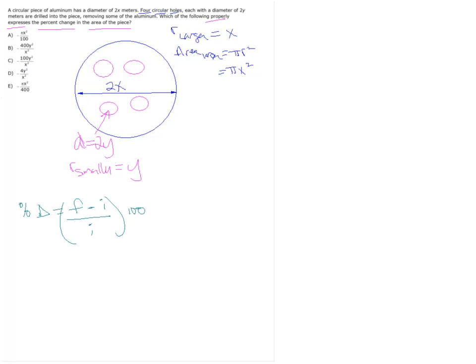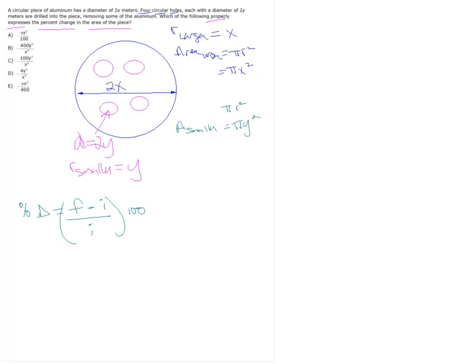So what's the area that we remove? Well, there are 4 little circles, and each of those has an area of pi y squared, because remember, area is simply pi r squared, and the radius of the smaller circles is y.